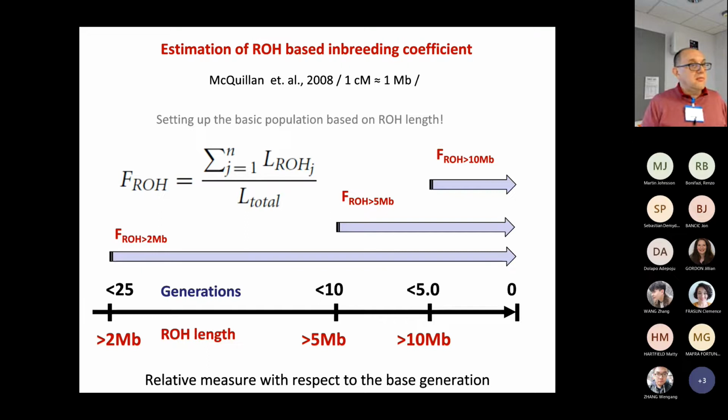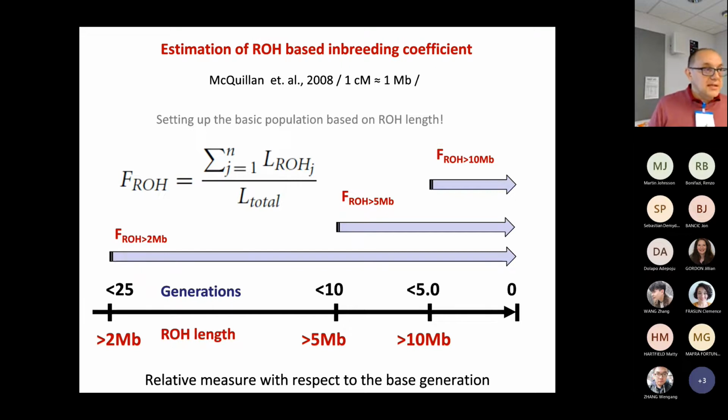But then the question is what you would really assume to be autozygous segments. It's a very robust method, maybe not precise, but he said, I can assume that if they are bigger than 10 megabases, they are autozygous.